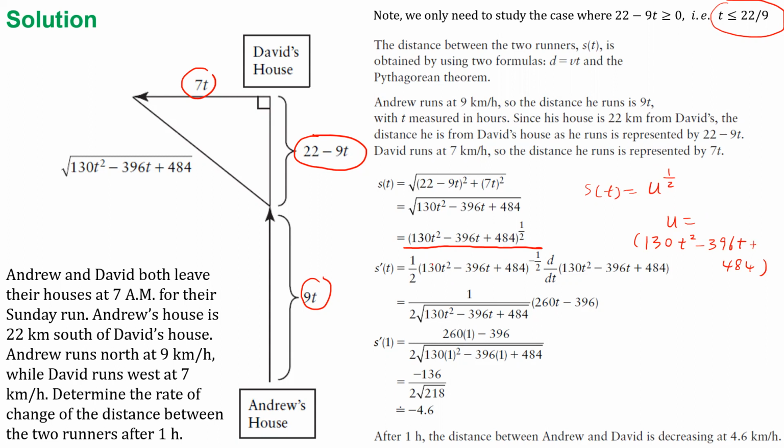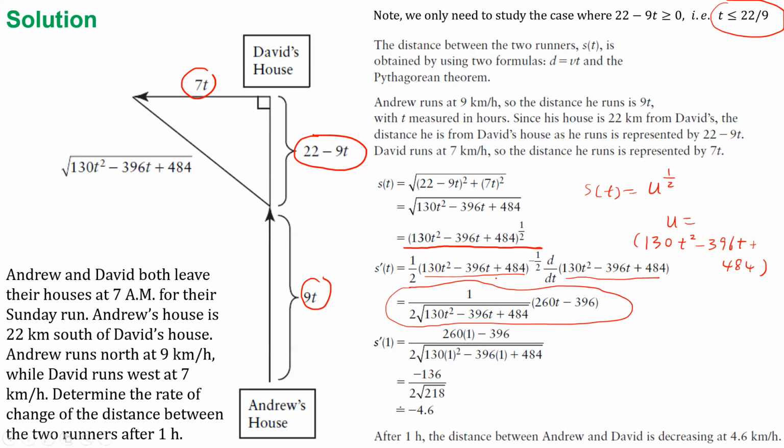So according to the chain rule, the derivative of S(t) equals the derivative of the outer function, which is 1/2 of the long expression here to the power of -1 over 2, times the derivative of the inner function with respect to t, which is the derivative of this function with respect to t. After simplification, this gives us the derivative of S with respect to t is this expression here.